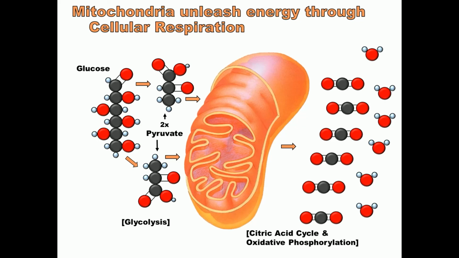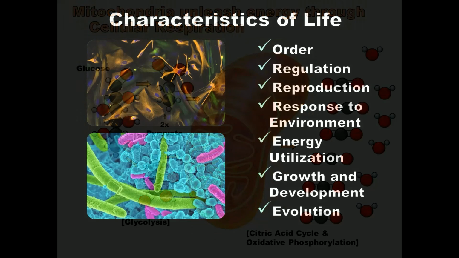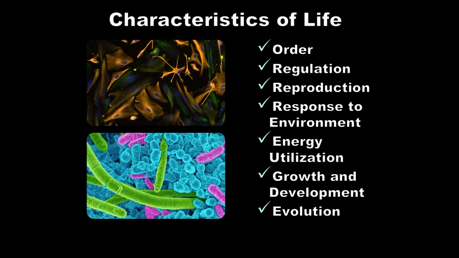Now that we've talked about membranes and transport across membranes, and we've talked about the size of cells, and we've talked about every organelle and what differentiates different cells from each other, I want to draw your attention to the list of the characteristics of life that we talked about in Unit 1, and consider a single cell. Like a single cell, either a bacteria or a cell taken from your cheek, right?